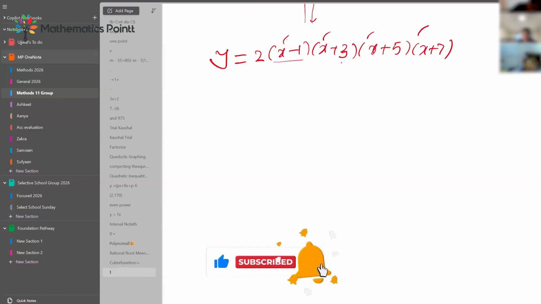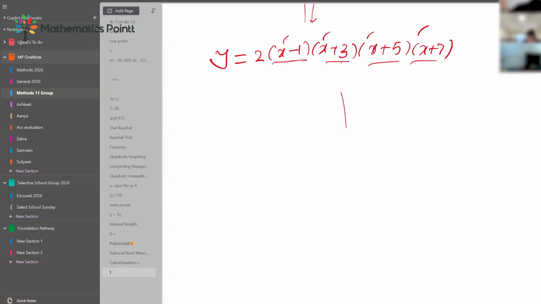What kind of root is this? Linear root. That means a cut. Cut at x equals 1. Cut at x equals −3. Cut at x equals −5. Cut at x equals −7. Let's do it. So let's say this is 1, 2, 3, 4, 5, 6, 7.